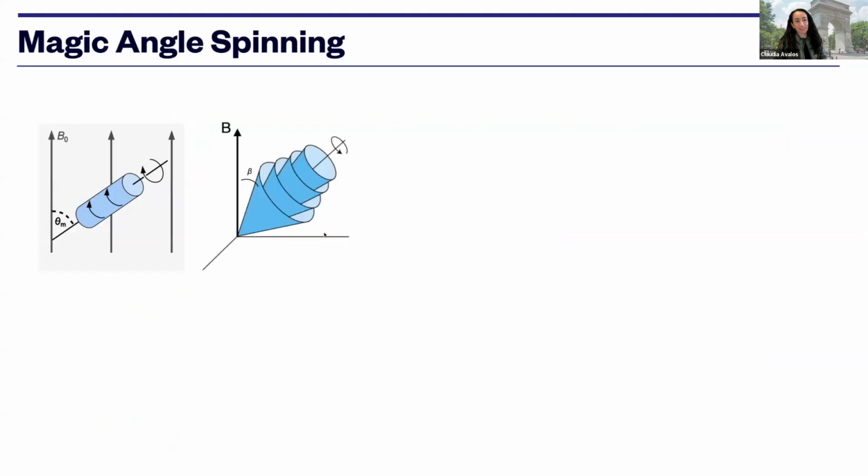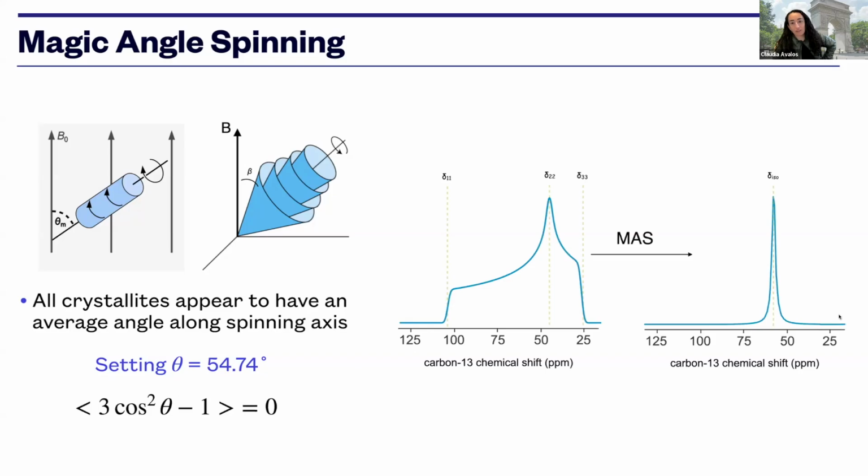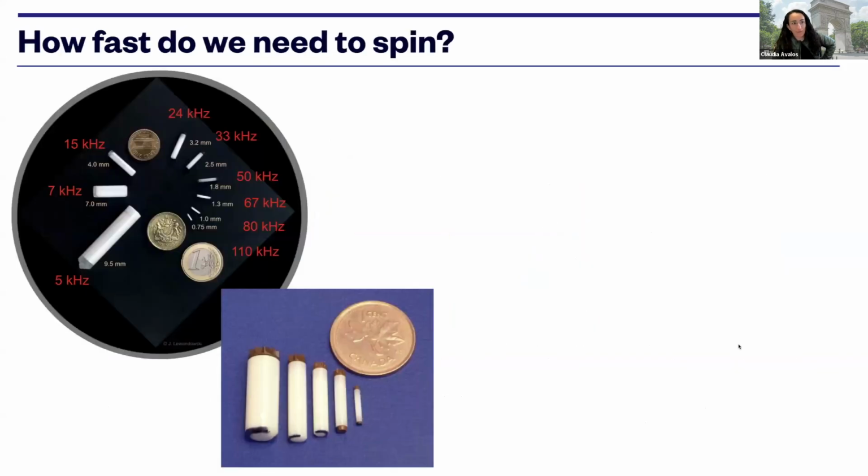We want to align our sample 54.74 degrees with respect to the field, and spin along this axis, so we get an averaging out of this 3 cosine squared theta minus 1 term. We can recover the isotropic shift.